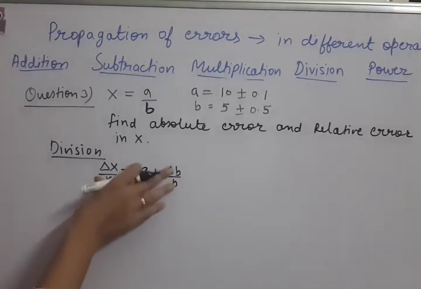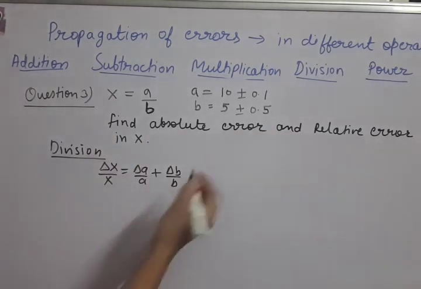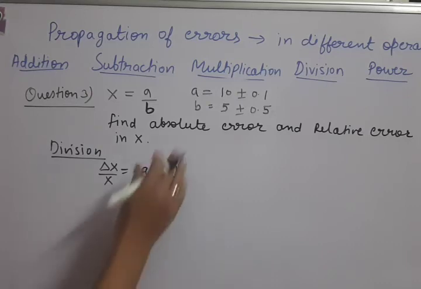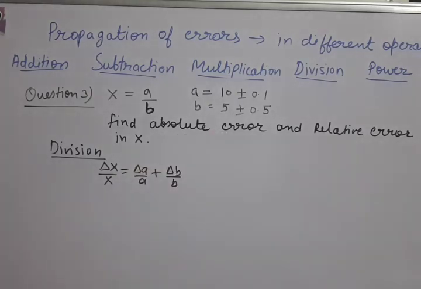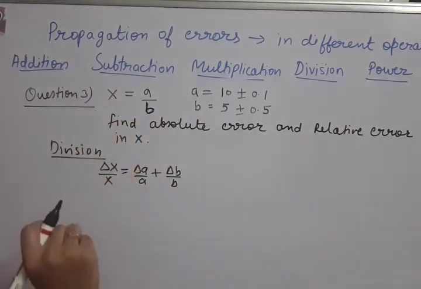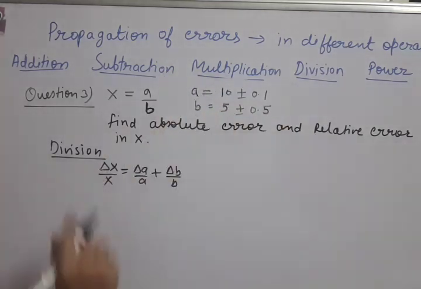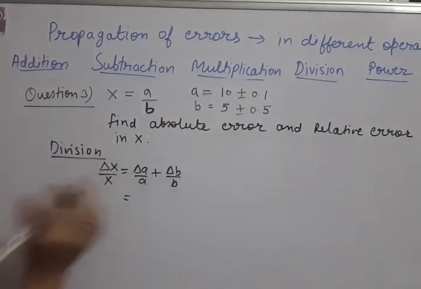After that we will put all those values one by one and we will solve these errors. Now whether in the question absolute error is asked first, we cannot solve absolute error first. That can only be solved in addition and subtraction. But this is division operation. Here only relative errors can be solved first. So let us start solving relative error.